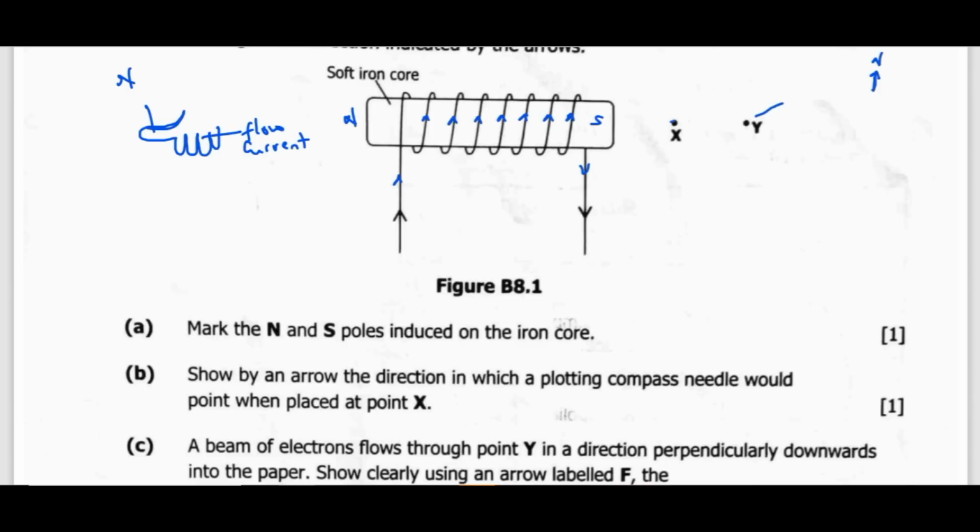So the needle will point in this direction. So at X, because we are looking at X there, we say it points in this direction.